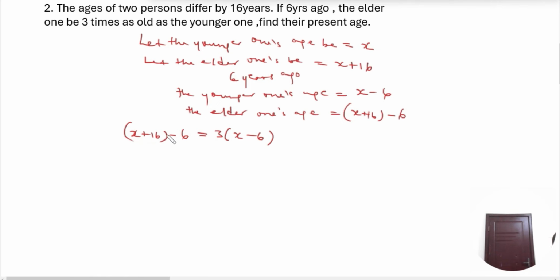So we solve this. x plus 16 minus 6, open the bracket. We expand this bracket: 3 times x is 3x, and 3 times minus 6 is minus 18.